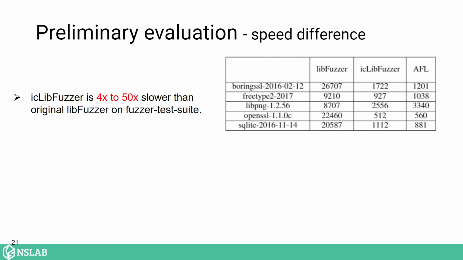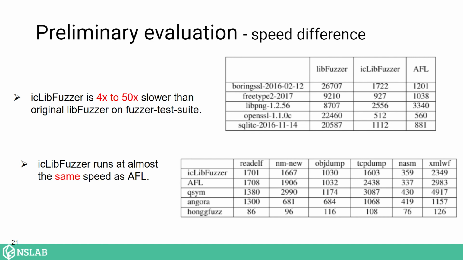This is mainly caused by the overhead of the fork system call. However, its execution speed is almost the same compared with AFL. We also record the execution speed of all the fuzzers we test. The results show that icLibFuzzer has competitive execution speed compared with other fuzzers.